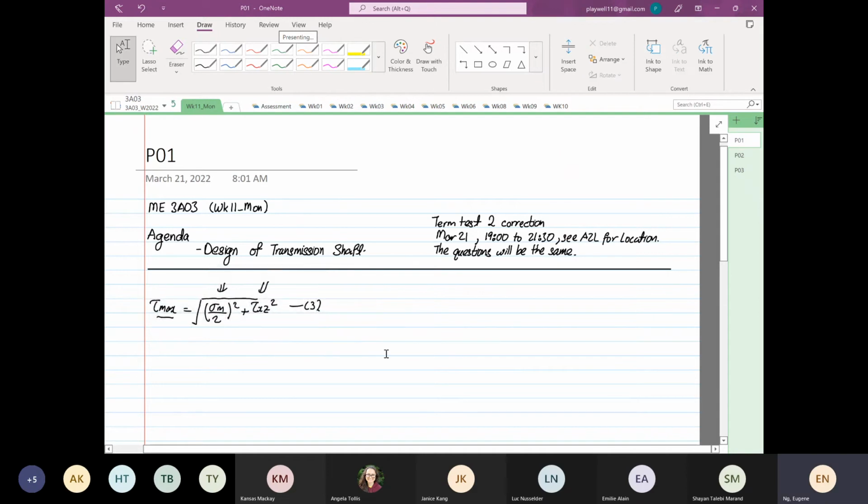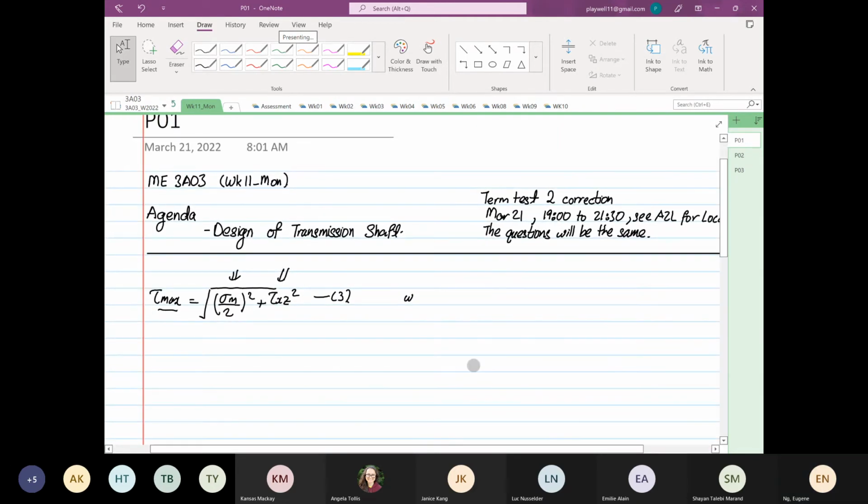This equation is true, and it's only true when there is no axial loading.